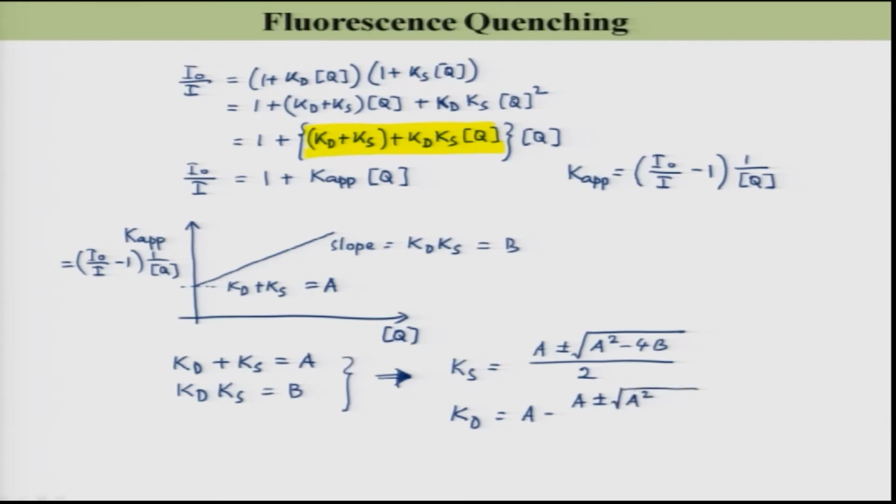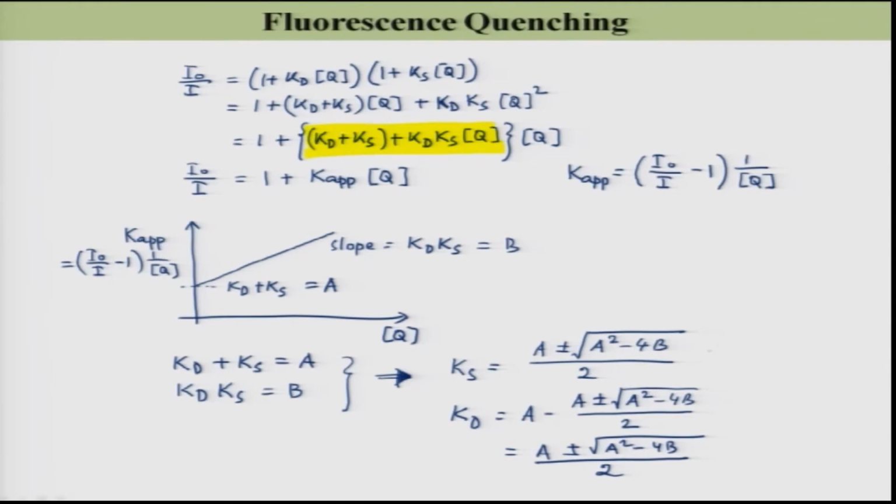And Kd will also be A minus Ks, which is equal to A plus minus root over A square minus 4B by 2. So, in case one, if the plus is Ks, then the minus is Kd, and vice versa.